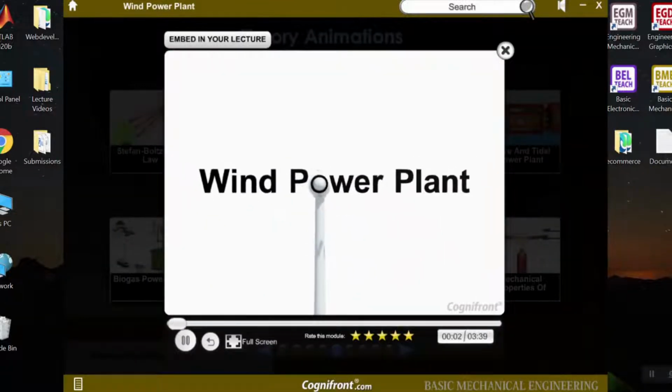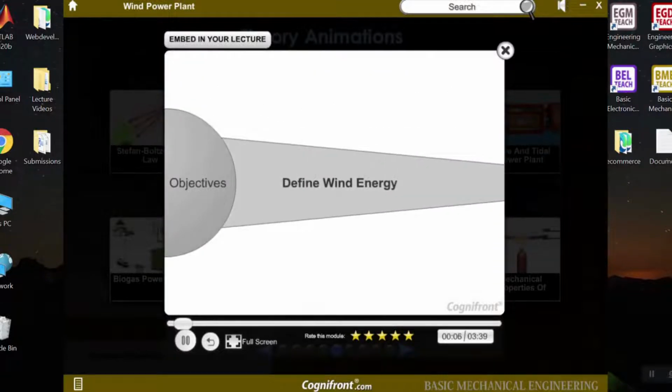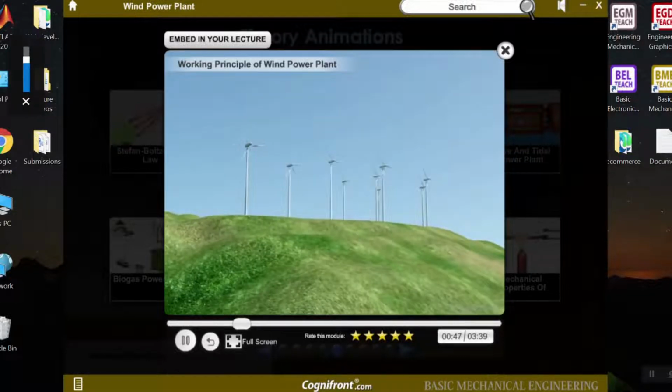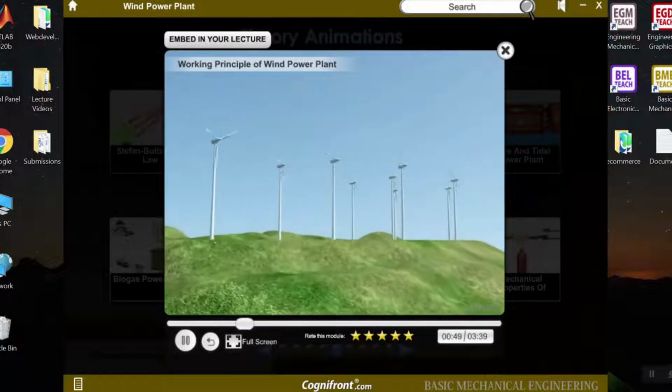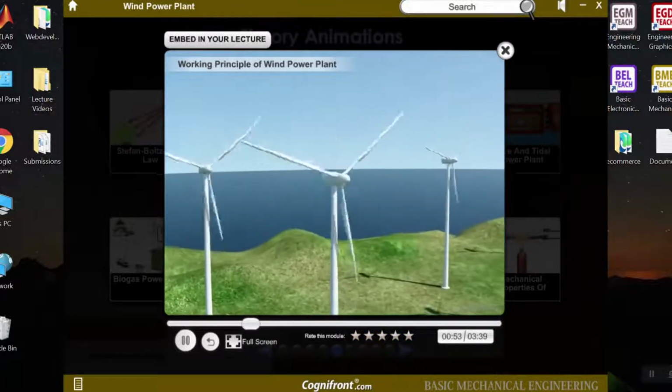Wind power plant. In this session, we will define wind energy, study the working principle of wind power plant, and learn the application of a wind power plant. Wind energy. We all know that wind energy gets converted to electrical energy by the wind power plant.